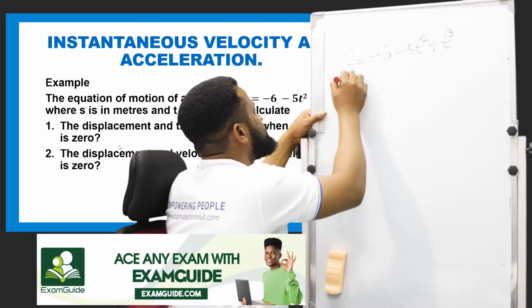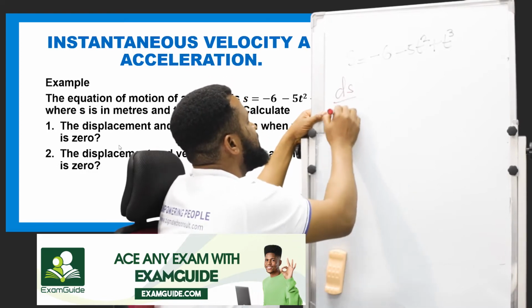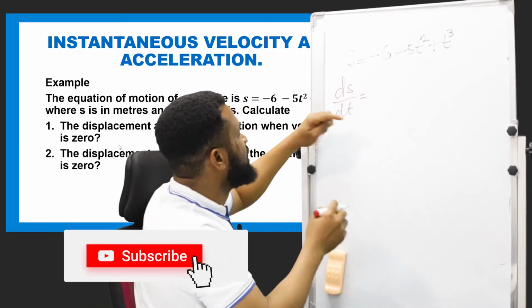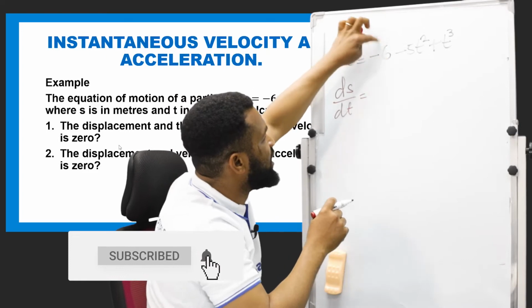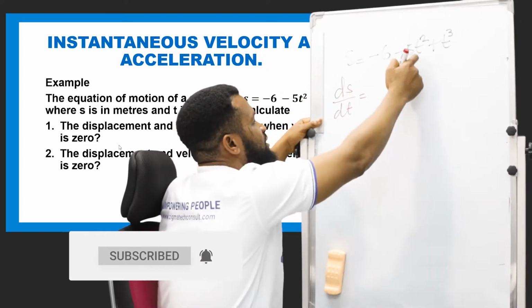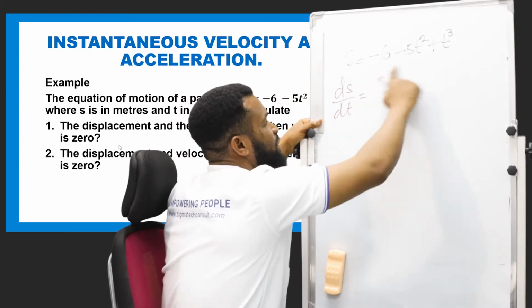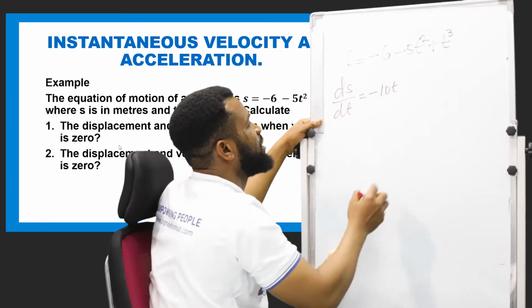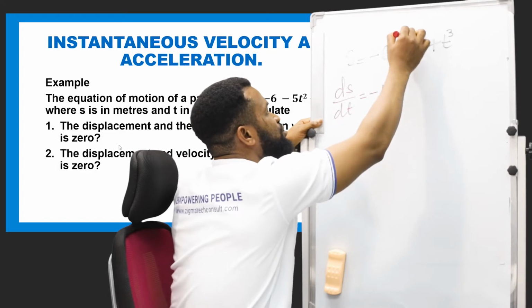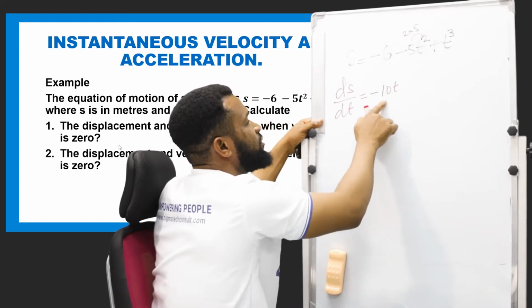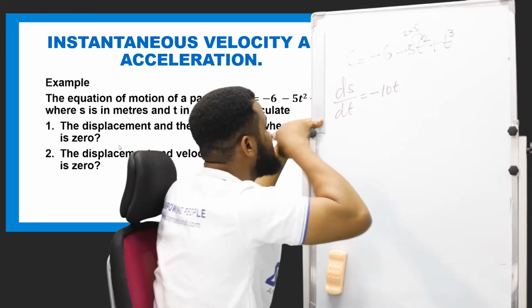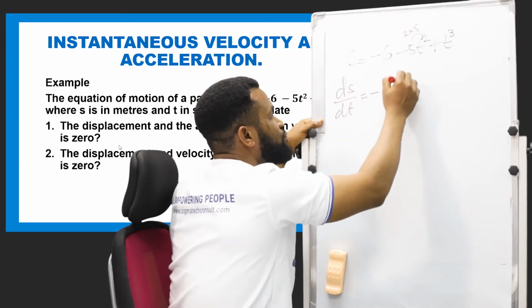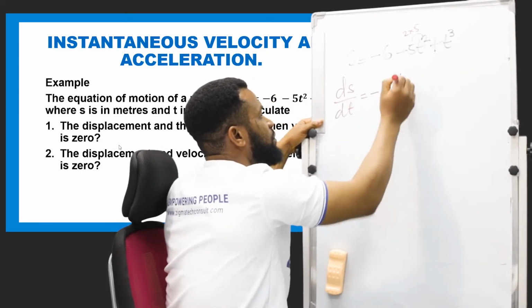So I'm going to say ds/dt is going to be, if I differentiate a constant, it is 0, and I'm differentiating this displacement with respect to time, so that is going to be minus 10t. Remember that 2 times the 5 is going to give you 10, and this 2 reduced by 1, so 2 minus 1, which is 1.